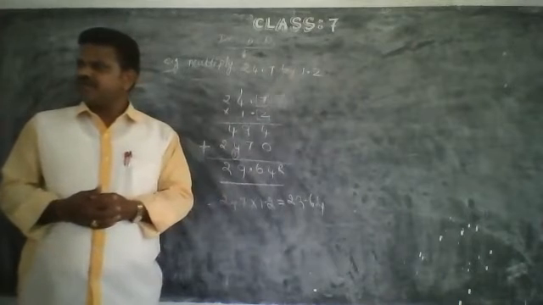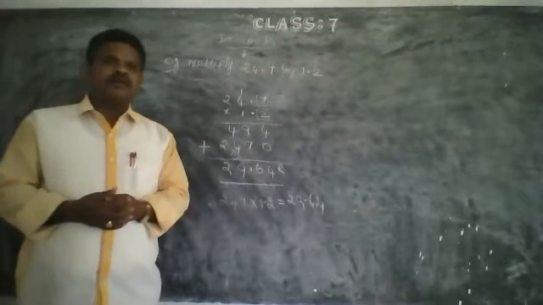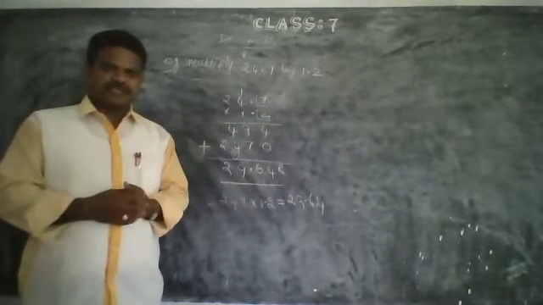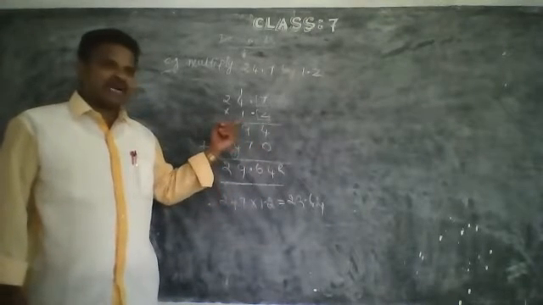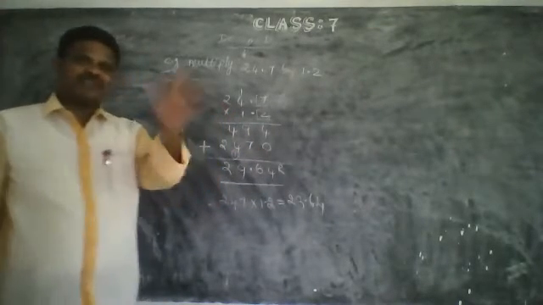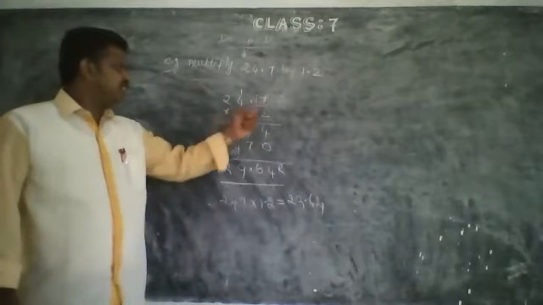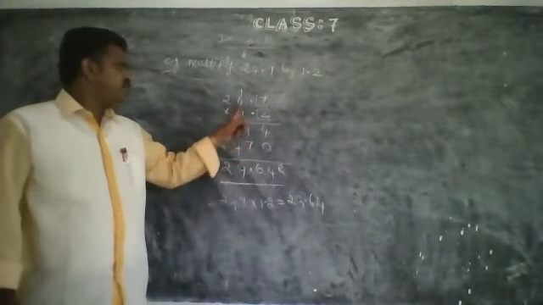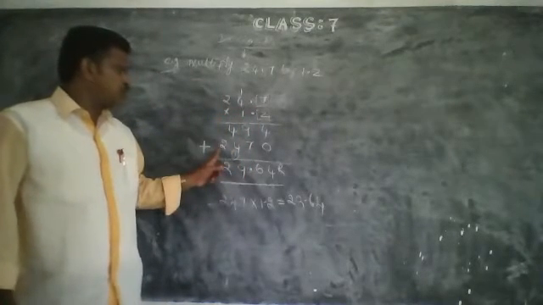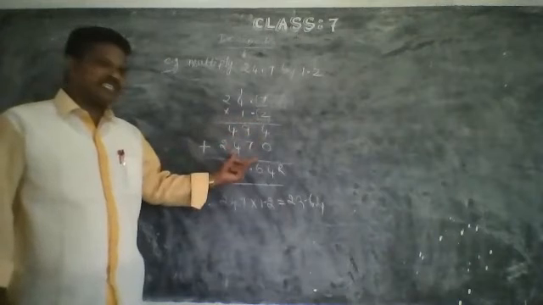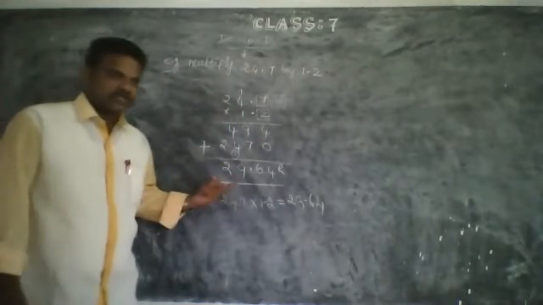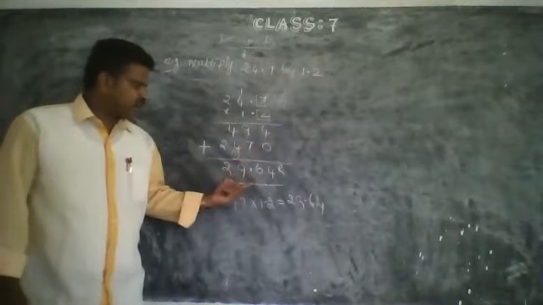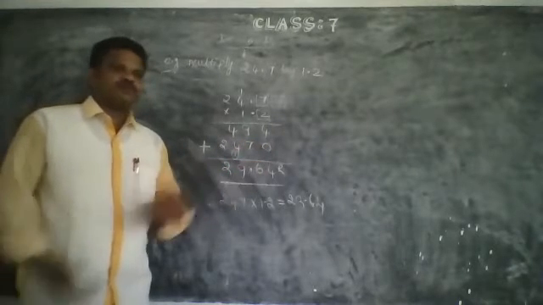Usually if a number is multiplied by 10, we get 0 in the units place. So I write 0 first and multiply with the number. Then 1 seven is 7, 1 four is 4, 1 two is 2. The two products are here, and by adding we get the total product, 2964.